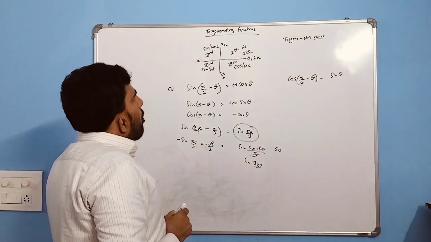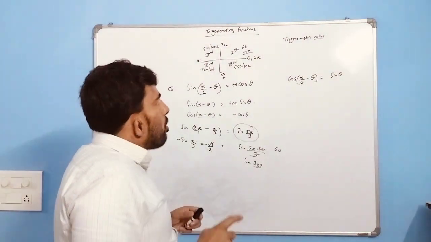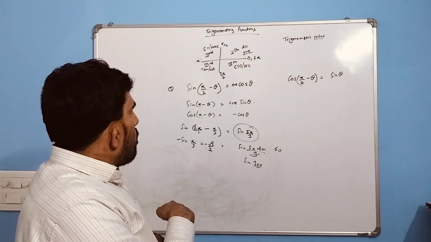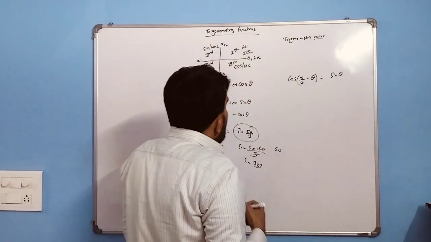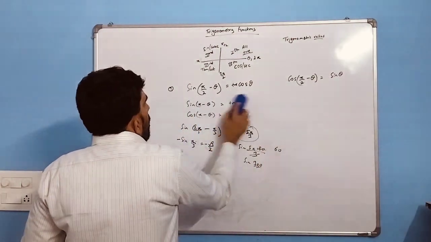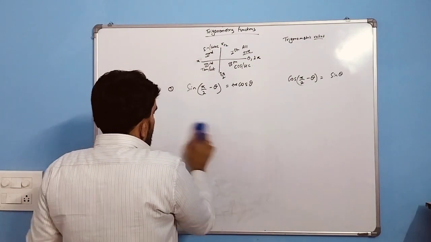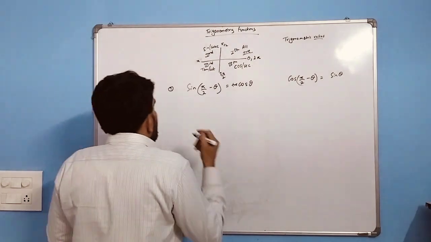So from this we find that sine 90 minus theta is equal to cos theta, and cos 90 minus theta is sine theta. Now we'll move to other formulas.